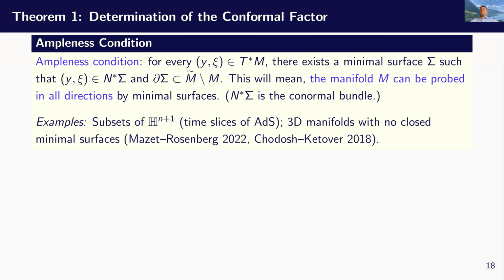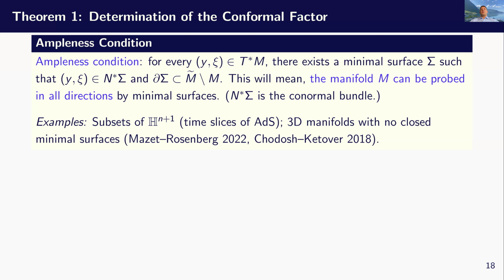Pick a direction in the cotangent bundle, y psi. The condition says that there must exist a minimal surface sigma so that this y psi is in the conormal bundle of sigma. If you don't know what the conormal bundle is, just think that y sigma is orthogonal to sigma, the minimal surface.